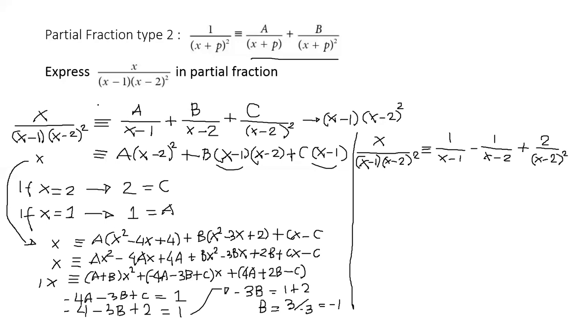So you may convert the expression into partial fractions like this: 1 over x minus 1 minus 1 over x minus 2 plus 2 over x minus 2 squared.